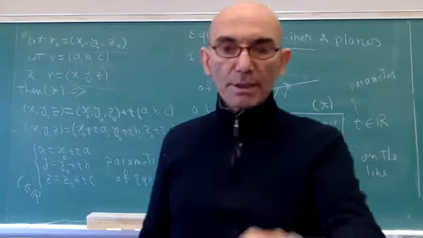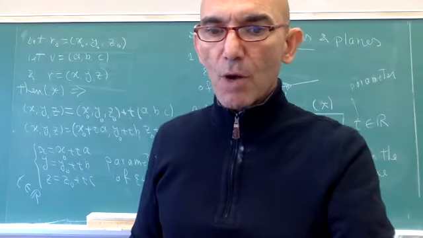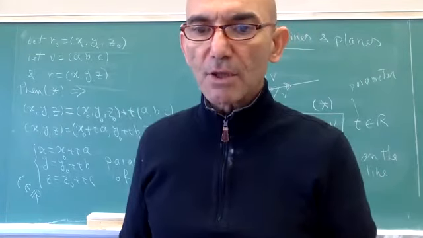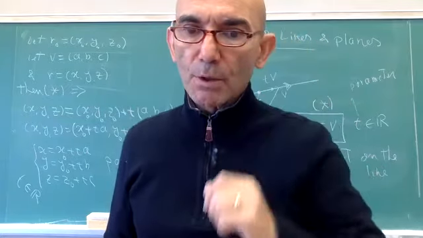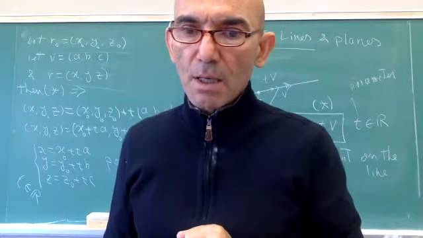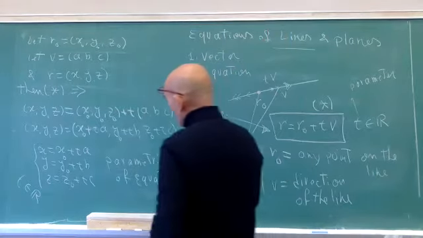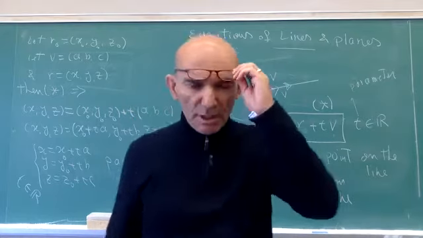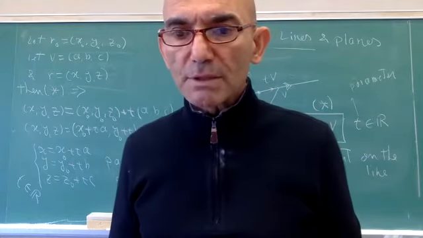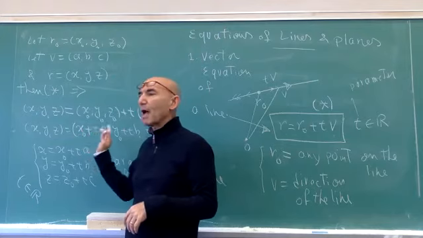Now there are two comments in the chat. Why don't we count the parameter t as a number? Oh yes, that's a good question. Because t changes, it's customary to call it a parameter.